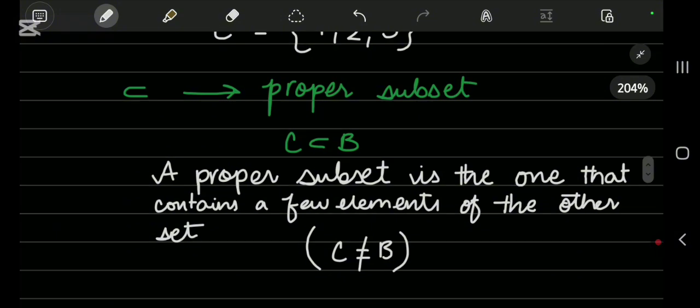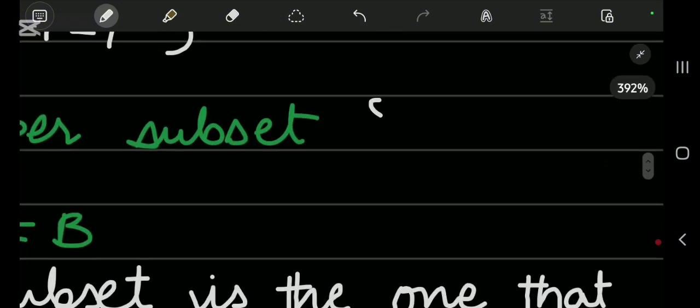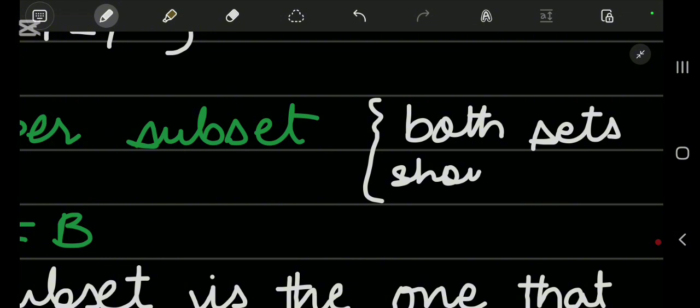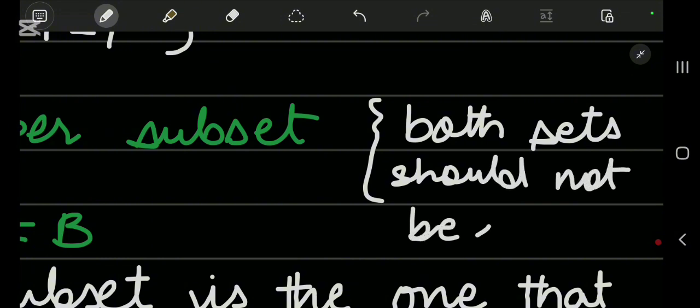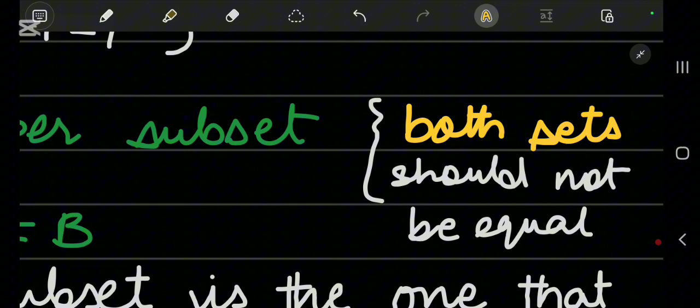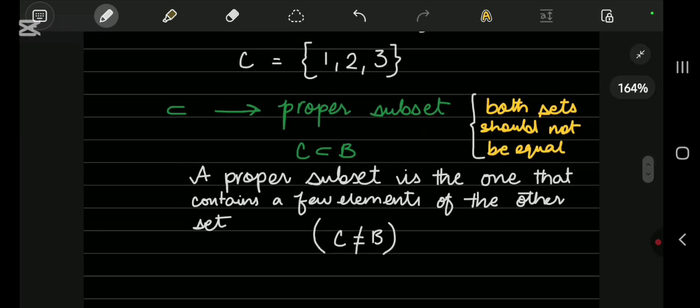But in case of a proper subset, both sets should not be equal. This is just for reference to understand the difference.